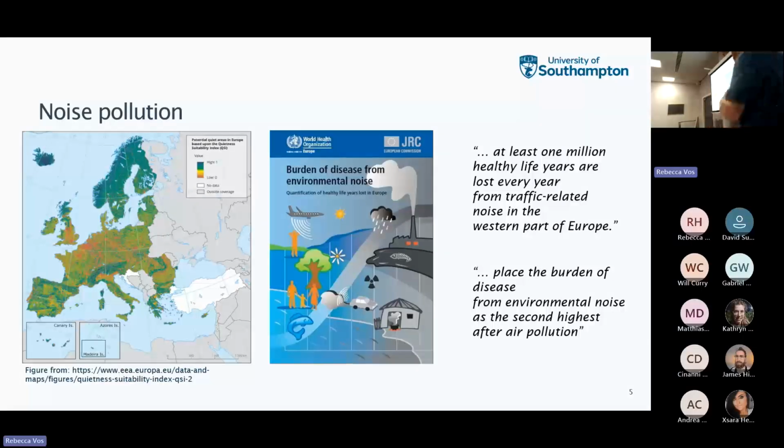So basically around every big city in Europe, you see big red spots, including Manchester. So it's something that should be treated in the future to get a more, let's say, pleasant society.